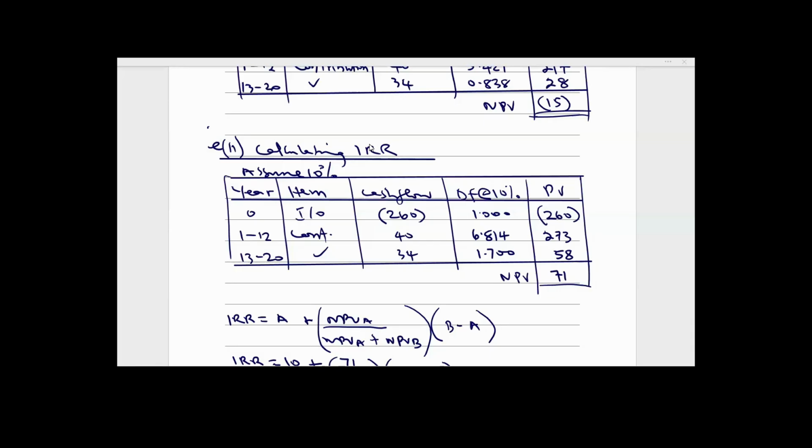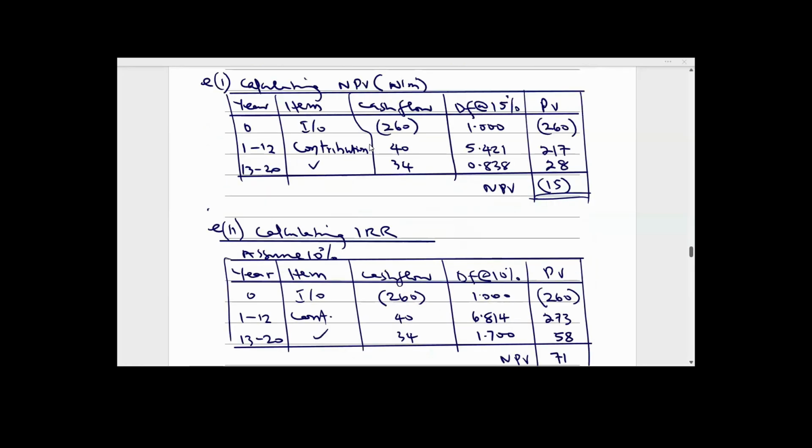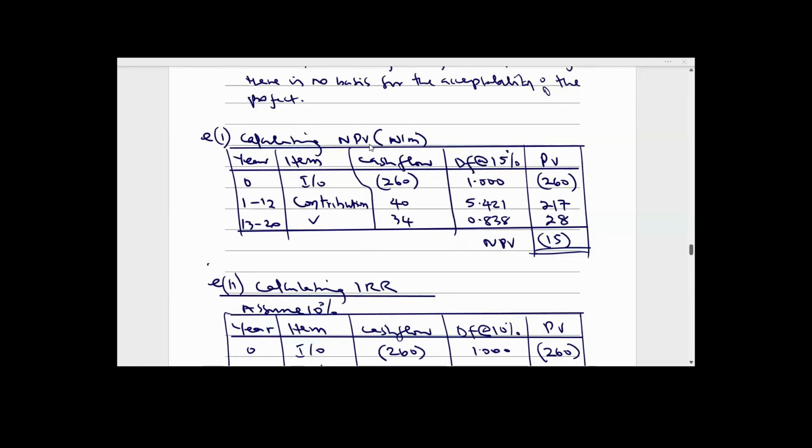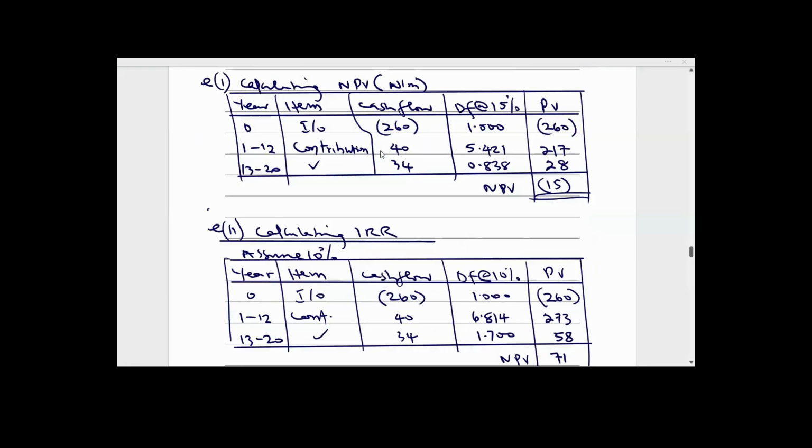So in this case, when you increase to 15%, you also get a negative NPV. Then you're good. But like in this particular requirement now, the first one is to calculate NPV. You've calculated NPV to be negative. That means you need to assume a second discount rate that will give you a positive NPV. Yeah, that's what we have done.